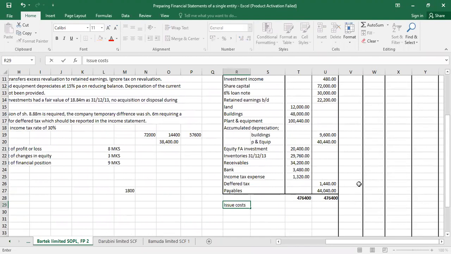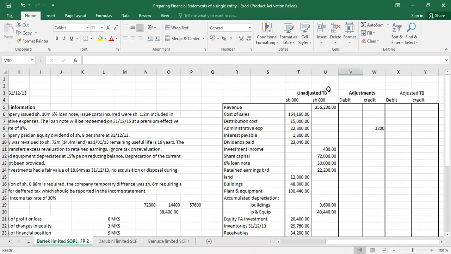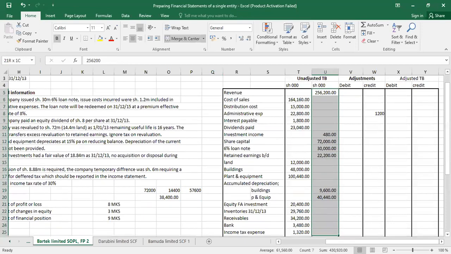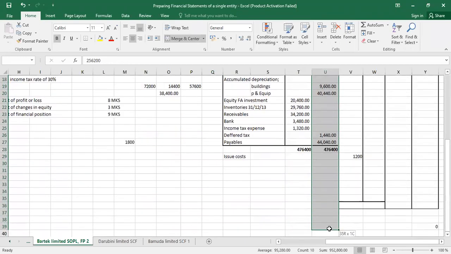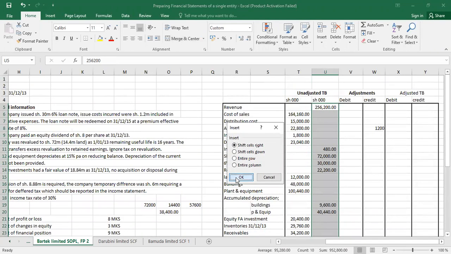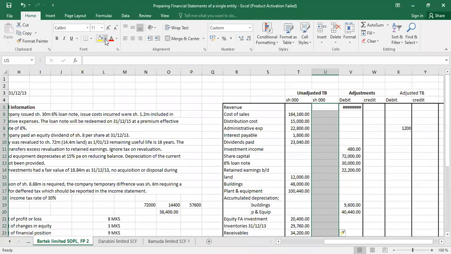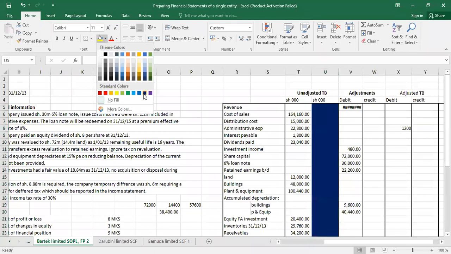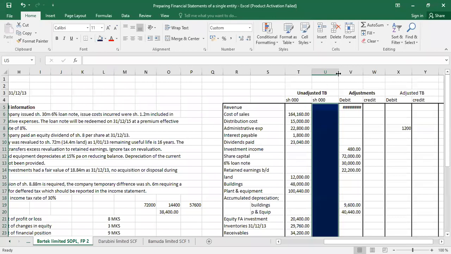So remember, we are on adjustments, isn't it? 1200. Sometimes you may get confused about where the debit starts. You can just select from here, isn't it? Then Control Shift Plus to add another cell, and maybe I'll put the color of the cell to be blue. Then I'll reduce the size.